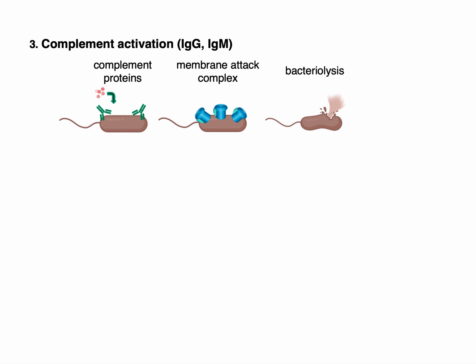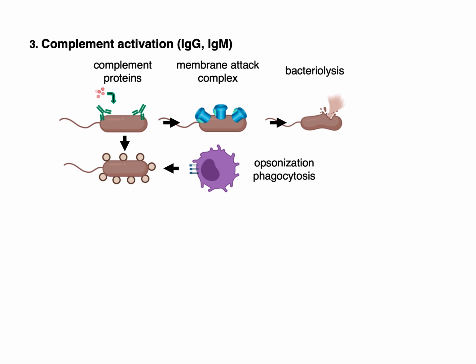A third antibody effector function, which is a review of something we've already discussed, is complement activation. Now, I mentioned that complement can be activated by direct recognition of pathogen surfaces, but complement is much more efficiently activated when antibodies are bound to those surfaces. So here is a bacteria bound by antibodies that can recruit complement components that can then lead to the formation of complement structures that induce bacterial lysis.